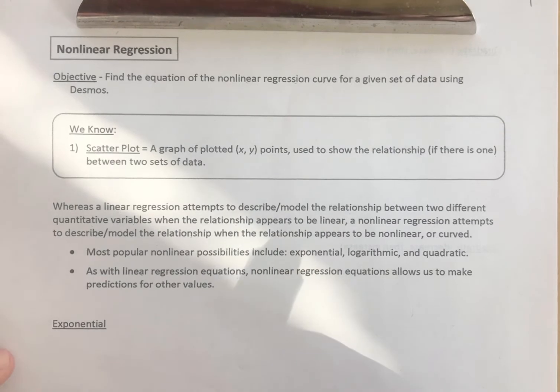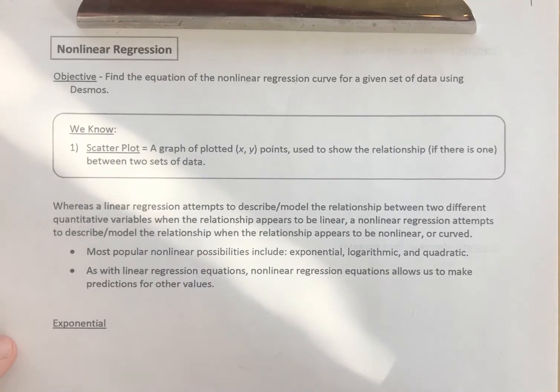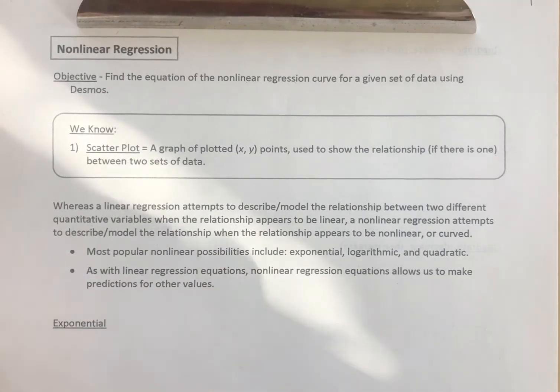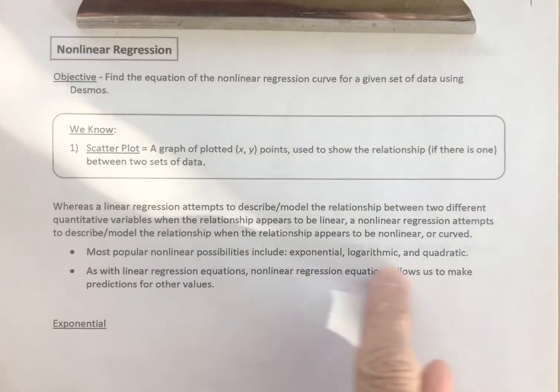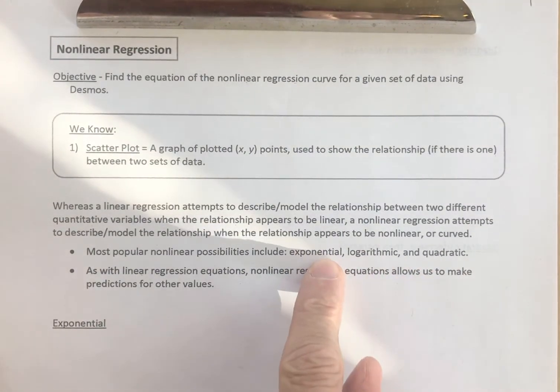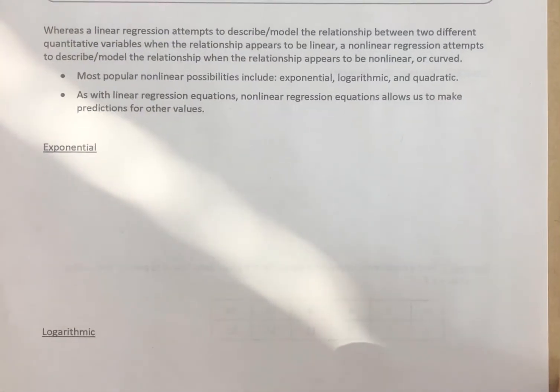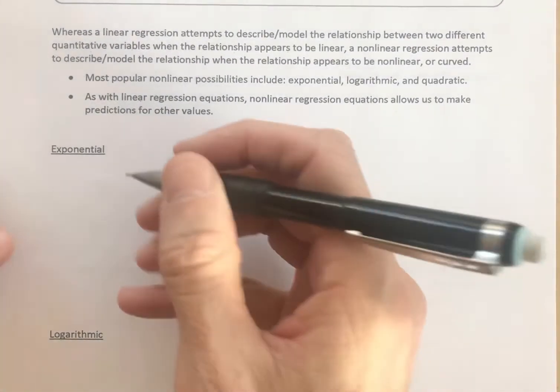Now, in the linear video, I showed you an example. We used height versus weight of humans. Let's do some examples of the variety of possibilities that are nonlinear in these three categories: exponential, logarithmic, and quadratic. Okay, so exponential growth.